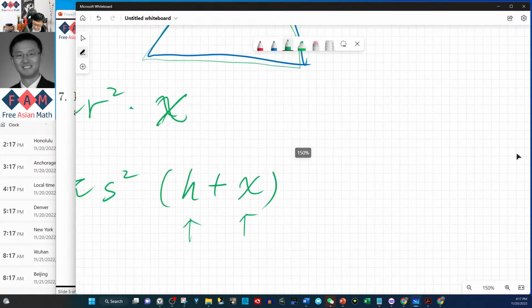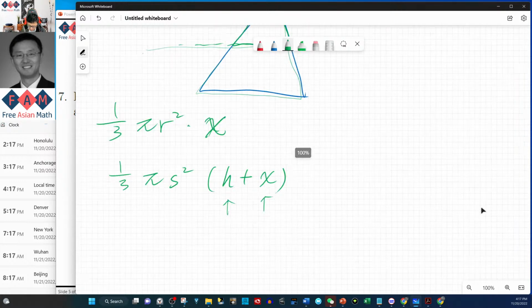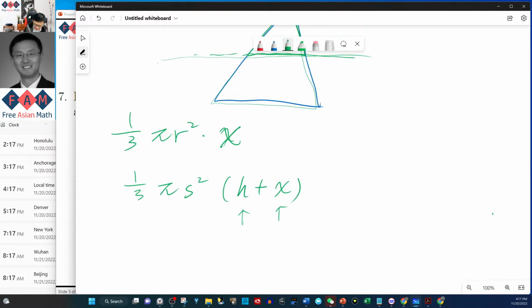Okay, we know those two. Now if we figure them out, you just subtract the cut-off cone from the original cone. That must be the formula for the volume of the frustum.